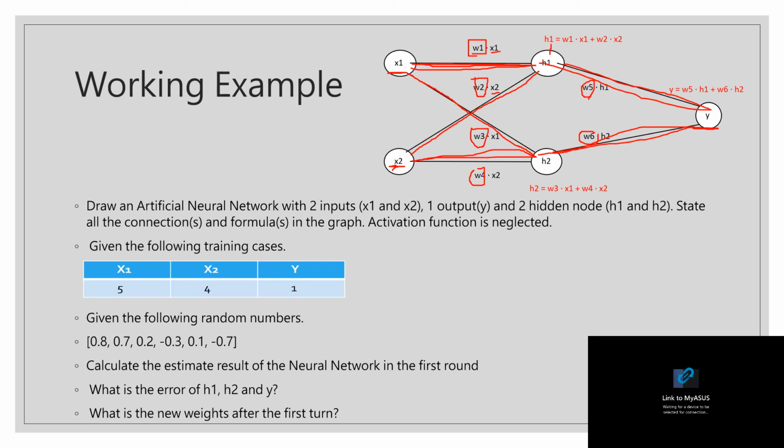The new value of the new node is the weighting times the input, and then we sum them together. So here, for x1 we sum up the weighting times x1 plus the weighting times x2.